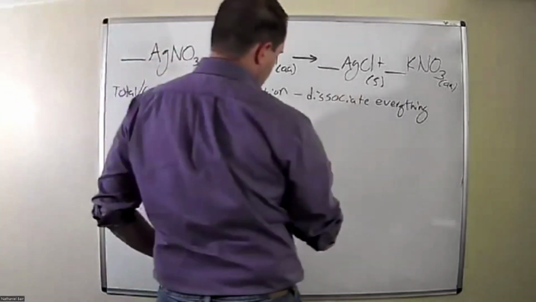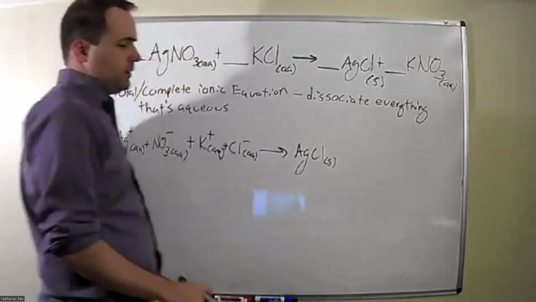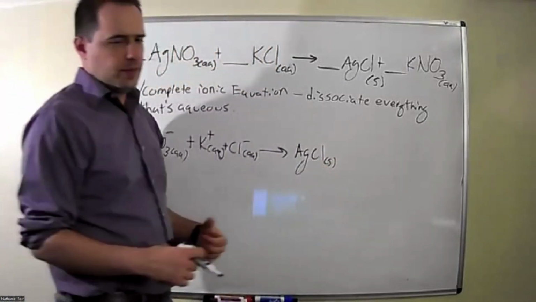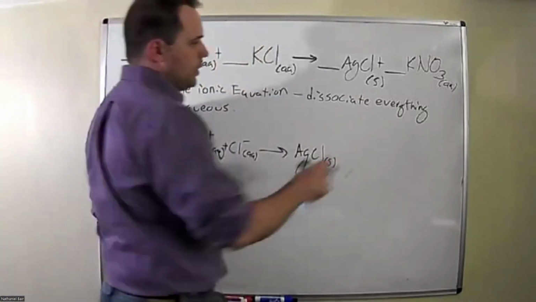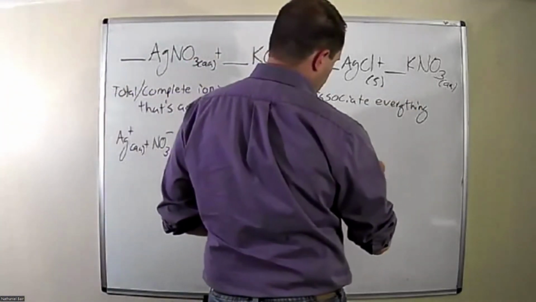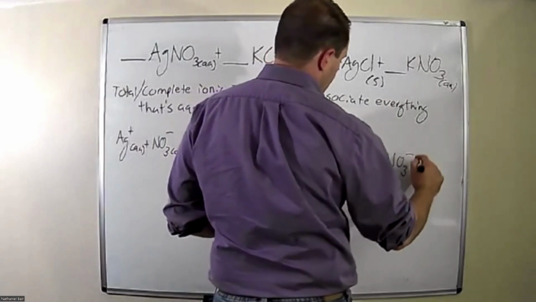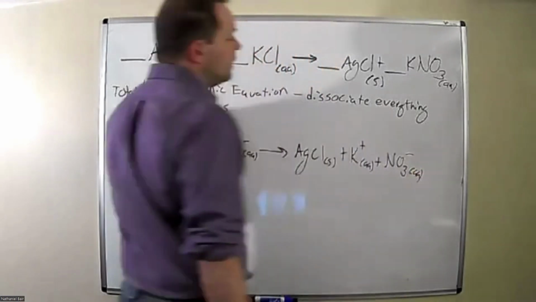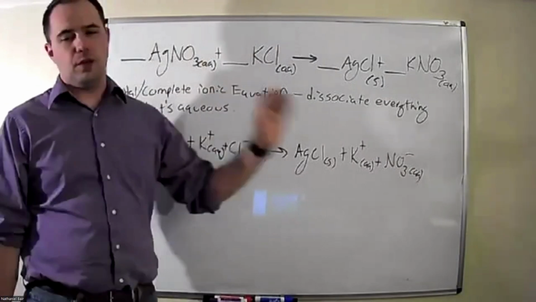The precipitate is the solid, the insoluble substance. That is not dissolved. That is not broken up into its ions. That stays together. And then we're going to break this guy apart. That's going to be K+ and NO3-. And that's our balanced, complete total ionic equation.